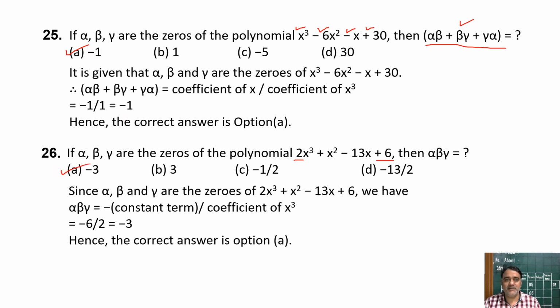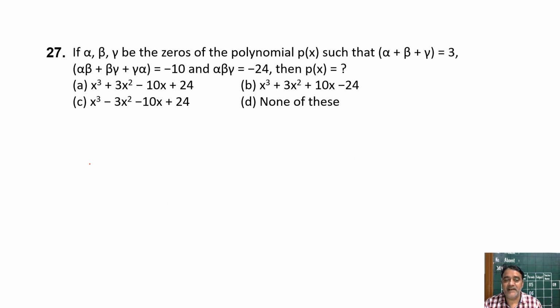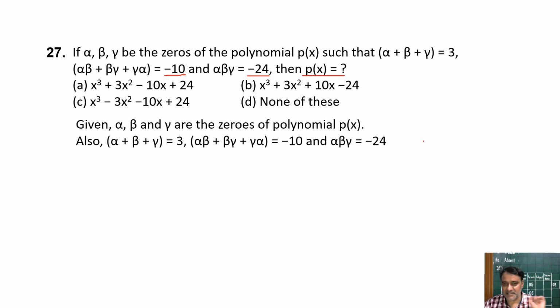Now we are moving toward question number 27. If alpha, beta, gamma be the zeros of the polynomial such that alpha plus beta plus gamma is equals to 3, alpha beta plus beta gamma plus alpha gamma is equals to minus 10, and alpha beta gamma is equals to minus 24, then what is the cubic polynomial? So we have one formula. यहाँ पे ये सारे values दिए हुए हैं.